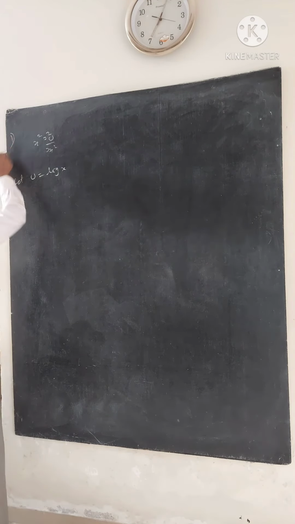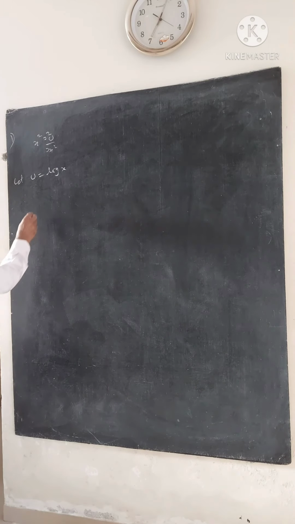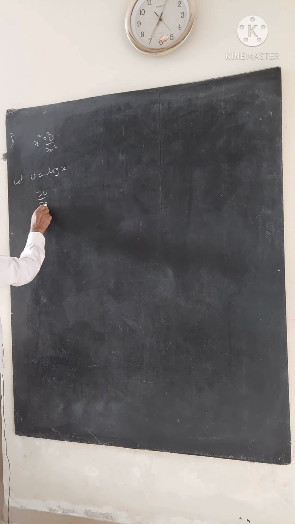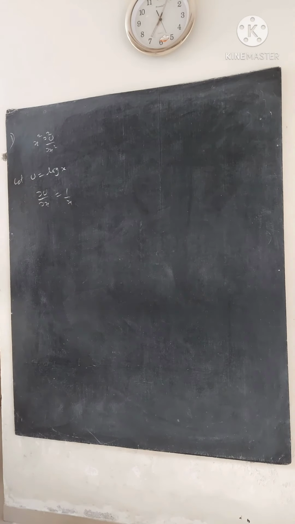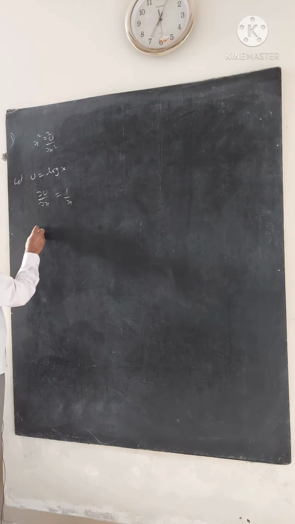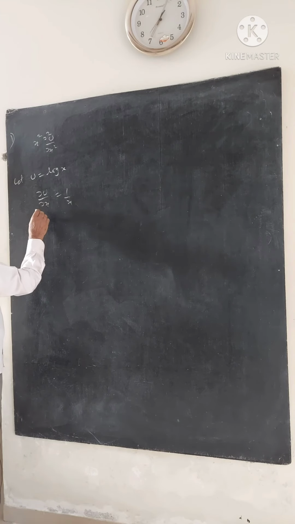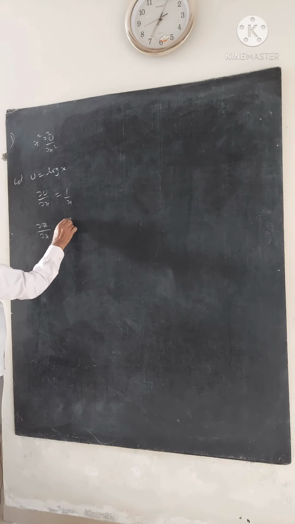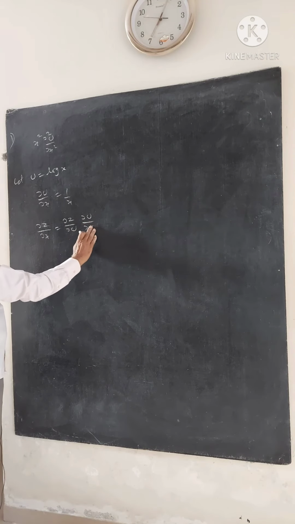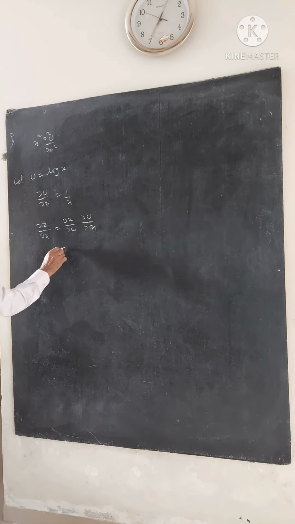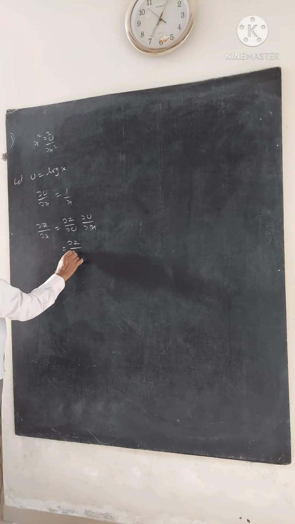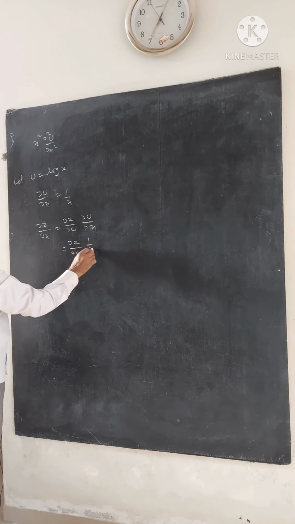Let u equal log x, so ∂u/∂x equals 1/x. Then ∂z/∂x equals ∂z/∂u times ∂u/∂x. Multiplying and dividing by u, ∂z/∂u times 1/x.